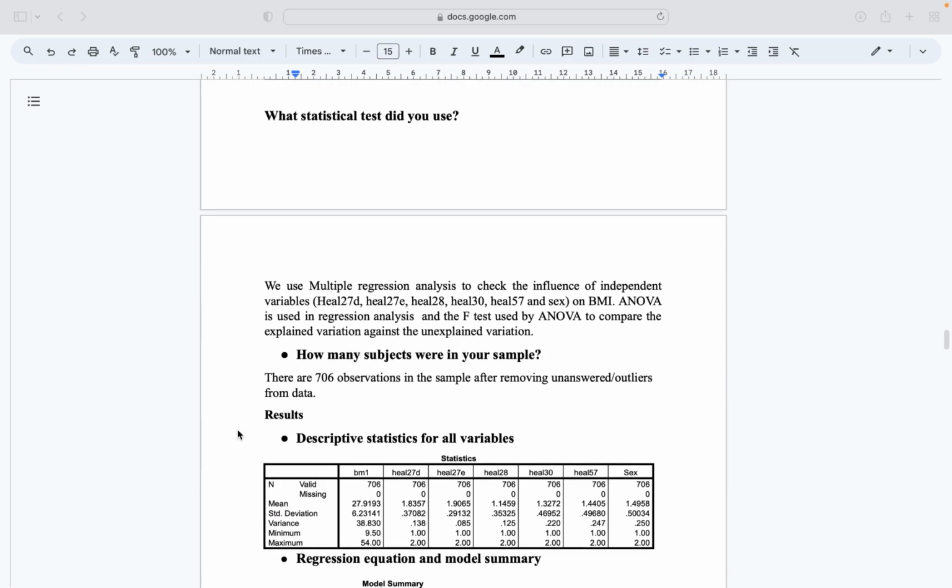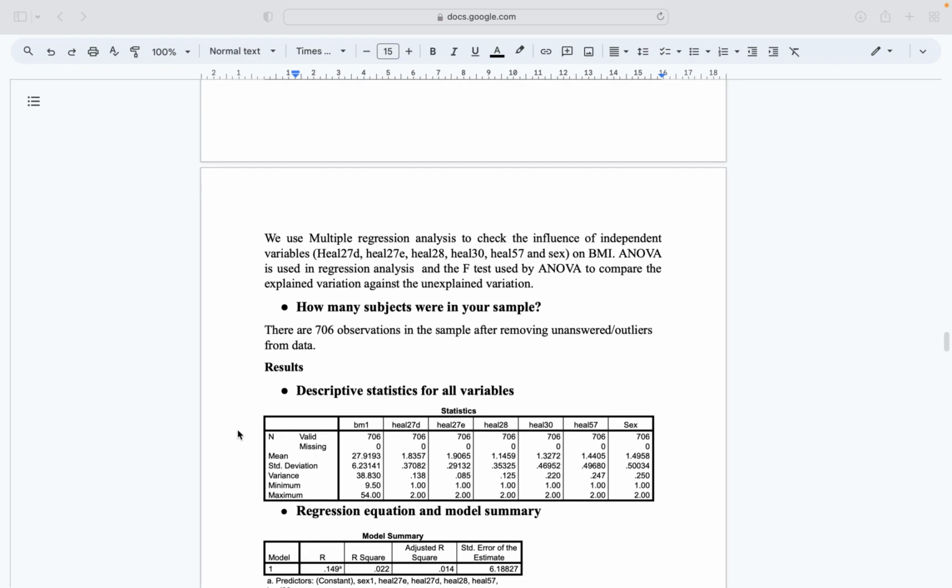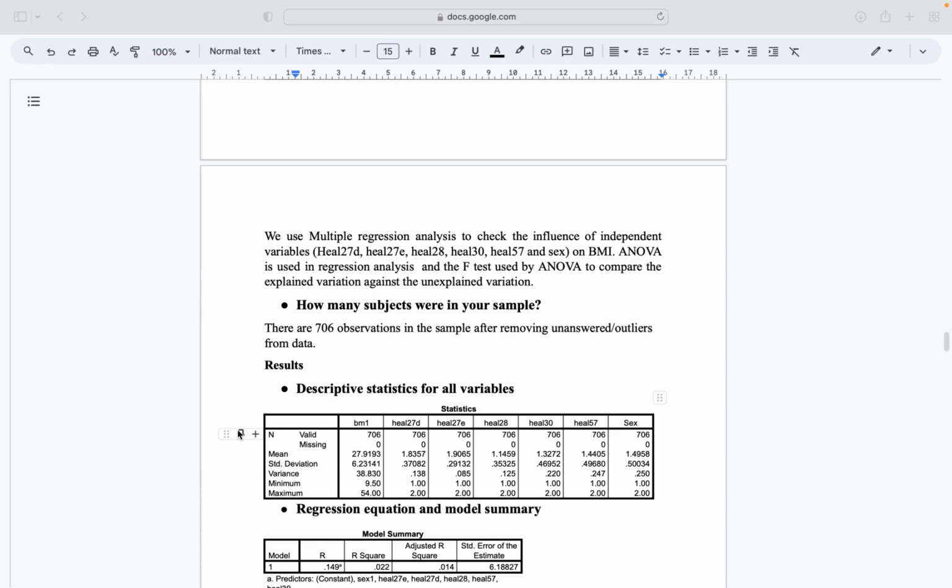What statistical analysis did I use for this? I chose to use multiple regression analysis to check the influence of my independent variables on BMI. How many subjects were in my sample size? There were a total of 706 observations in the sample after removing unanswered and outliers from the data.